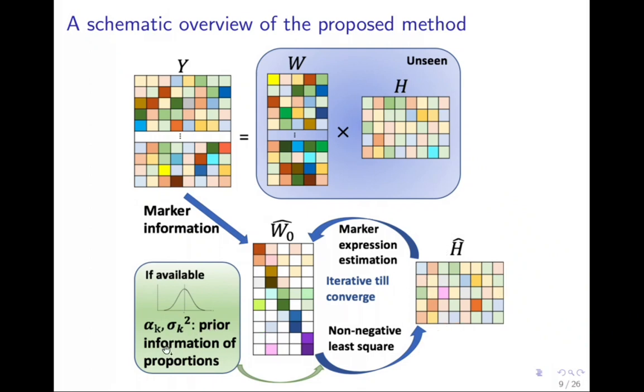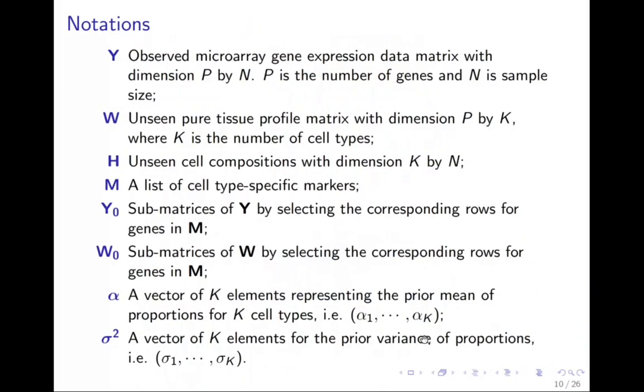If the prior information of proportions is available, we will incorporate such information in solving the cell composition step through a Bayesian framework.